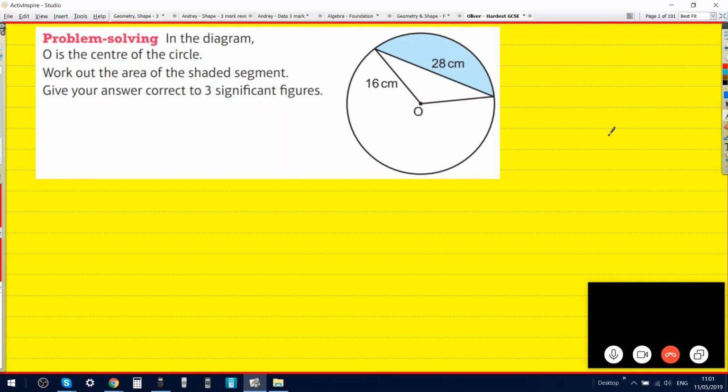How does this tend to work out the area of the sector? So first you'd have to do pi r squared. Yeah, find the area of the whole circle. How would you find the area of just this sector?